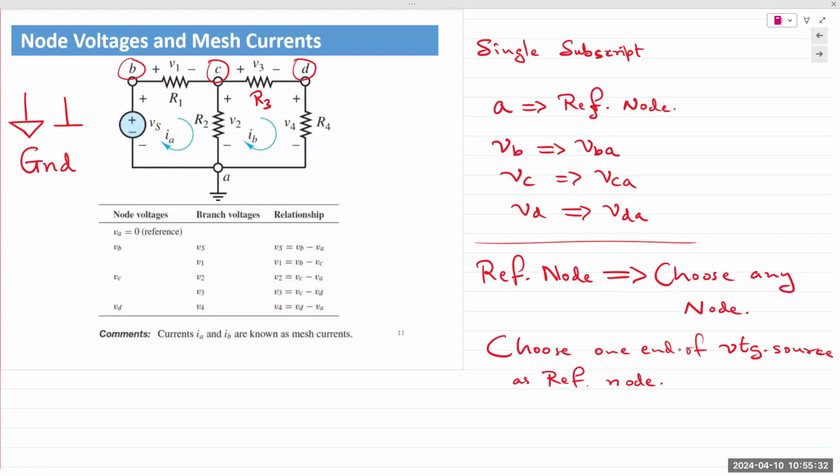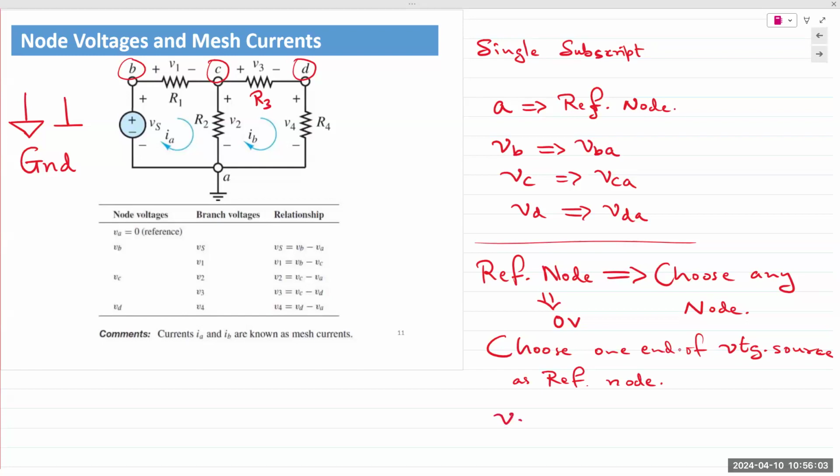When you choose a reference node, the answer for the voltage at that node is 0 volts. And that's why it doesn't matter which node you choose as reference. You can choose B, C, or D. Whichever node you choose has a value of 0 volts for the purposes of that specific analysis.